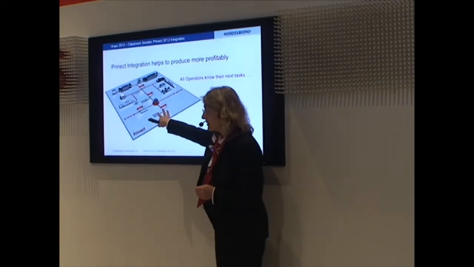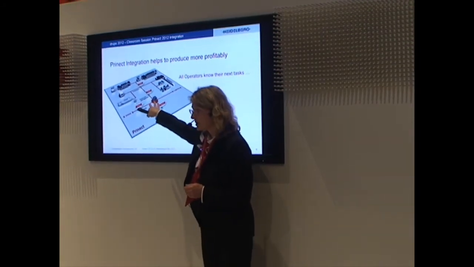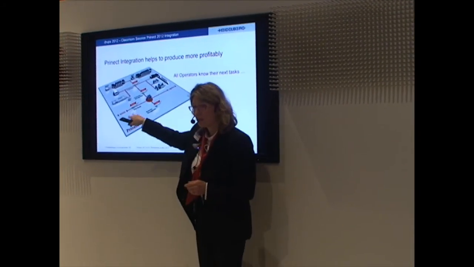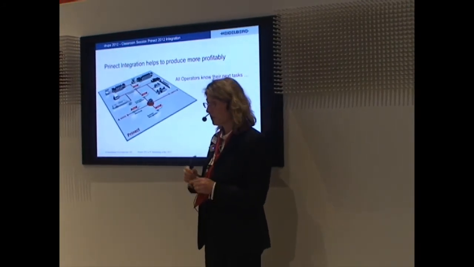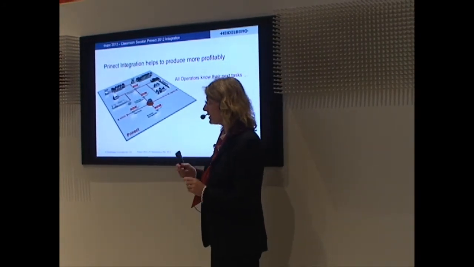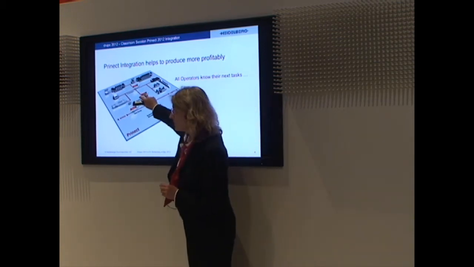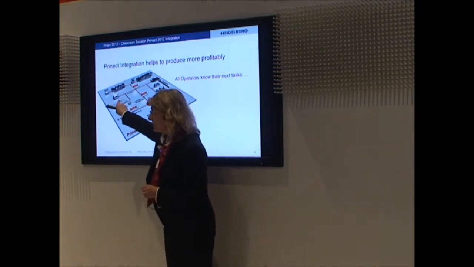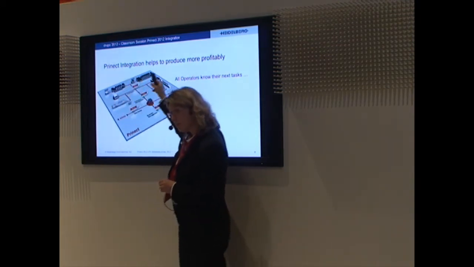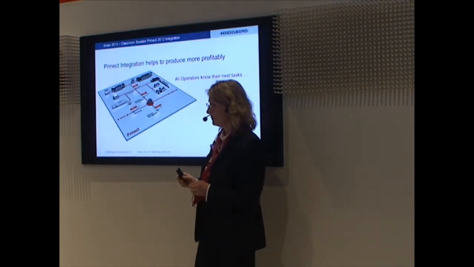When the job is entered, be it at the MIS system or directly in the production system, all the operators involved know exactly how to produce the jobs that have to go through the system, which paper to use, which coloring. So all the production information is available in the central data store of the workflow. And the people in pre-press, press, and post-press all know at the same time which jobs to produce and how to produce them.